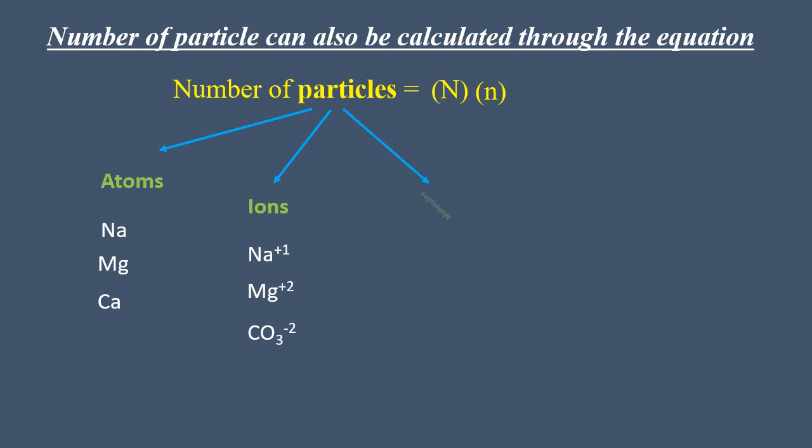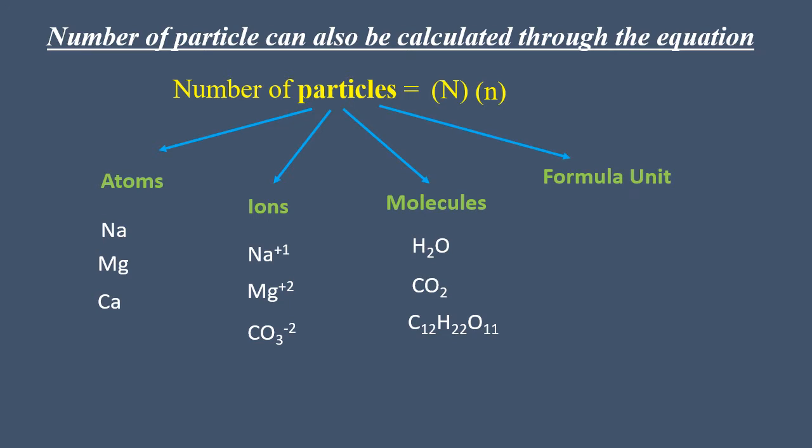Particles can also be molecules. Examples of molecules are water, carbon dioxide, and sugar. And particles can also be formula units. Examples of formula units are sodium chloride, magnesium oxide, and calcium carbonate.